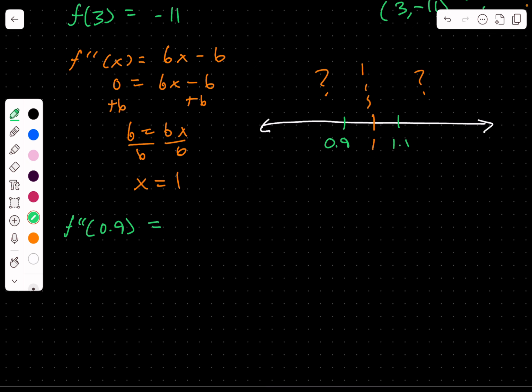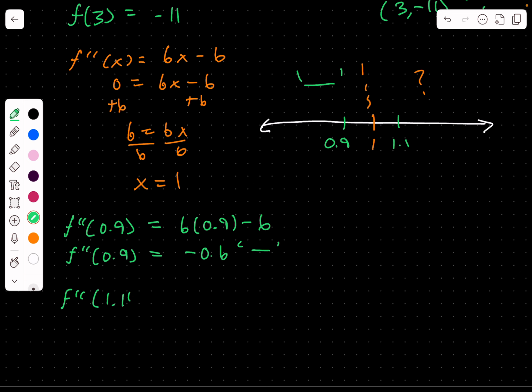Okay. And when we do this, we get 6 times 0.9 minus 6. When you plug this into a calculator, you will get a -0.6. And would you look at that? It's a negative. Therefore, on this side, we have a negative symbol. Now let's see what we get for our 1.1.